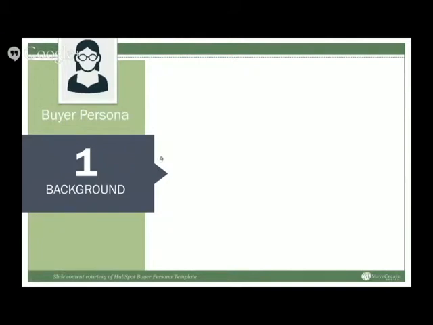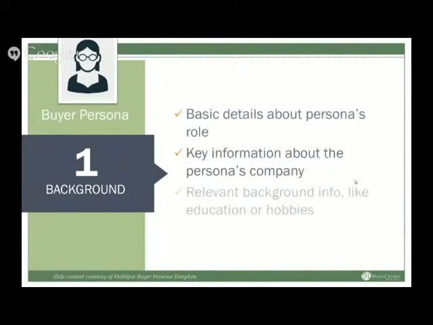Then I want you to think a little bit about the background of this person. Think about this person's role. And if you're doing a business-to-business activity, you're going to think about what their role is at their organization. So are they the gatekeeper? Are they the janitor? Are they the decision maker, the business owner? Or maybe you're talking to individuals. So are they a mom?